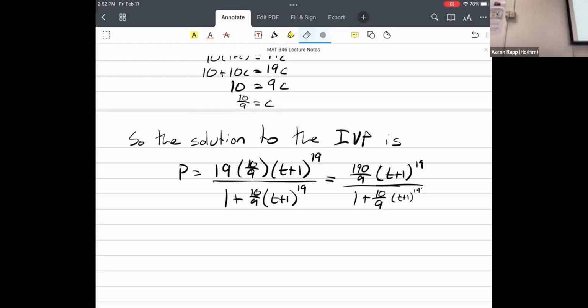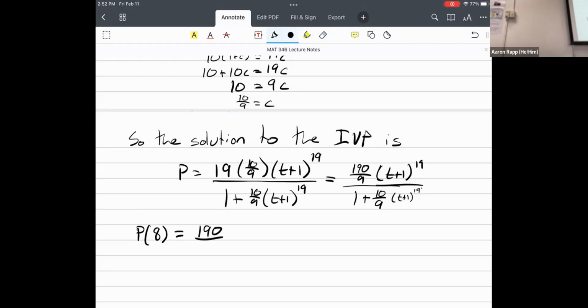And then the last thing was, we said the question we wanted to answer with this solution was, how many mice do they expect to see in 8 days? So what would I do? I'd plug in 8 and punch it into a calculator and see what the answer is.